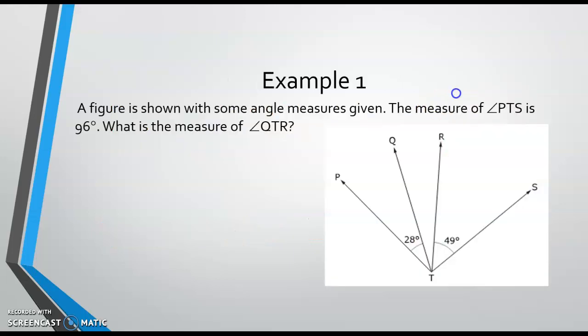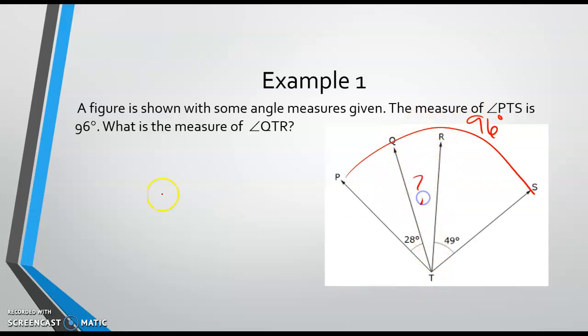All right, so let's put this into practice. A figure is shown with some angle measures given. The measure of angle PTS, so PTS, that's this big angle, is 96 degrees. What is the measure of QTR?